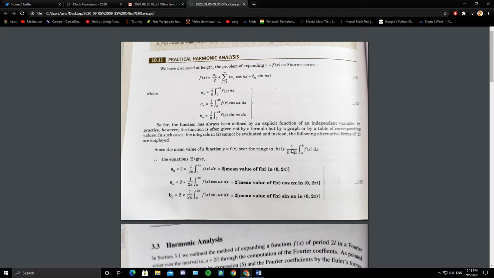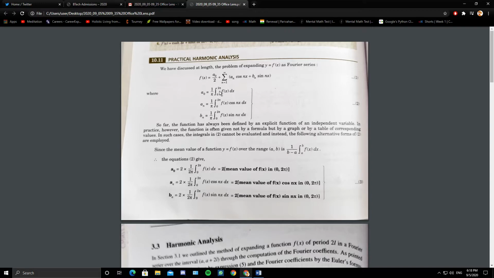So 1 by b minus a integral a to b f of x dx is called the mean value of the function y equals f of x in the interval ab. Here b minus a is the length of the interval.